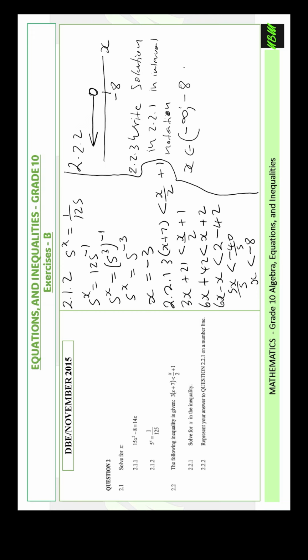Then on the side of -8, will it be open or closed? From 2.2.1, we only have less than, we are not having less than or equal to, just less than. Less than means not included. Therefore, we use an open bracket. Therefore, this will be our solution in interval notation.